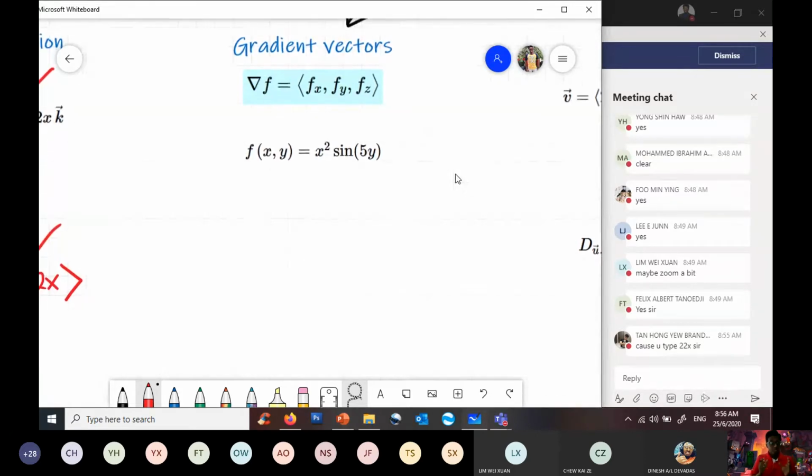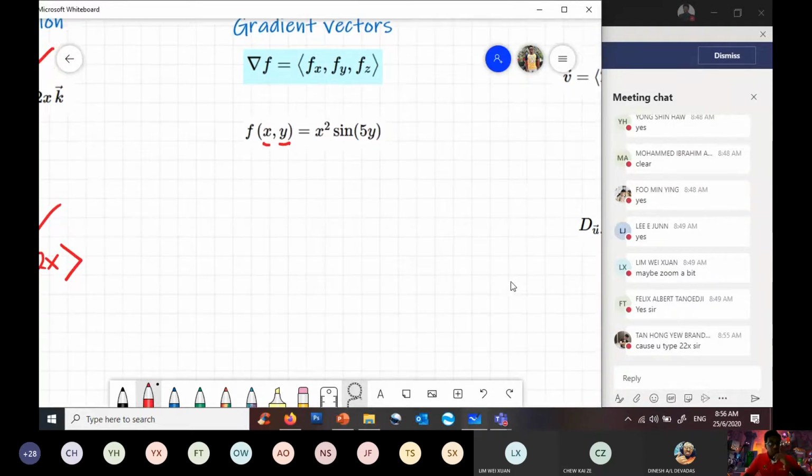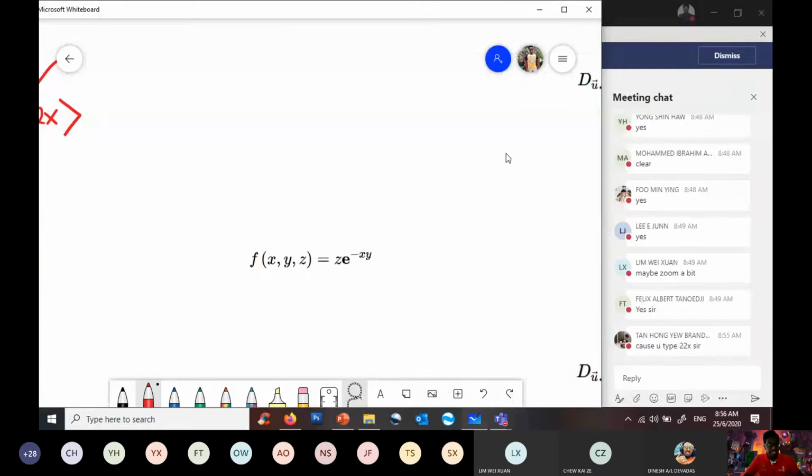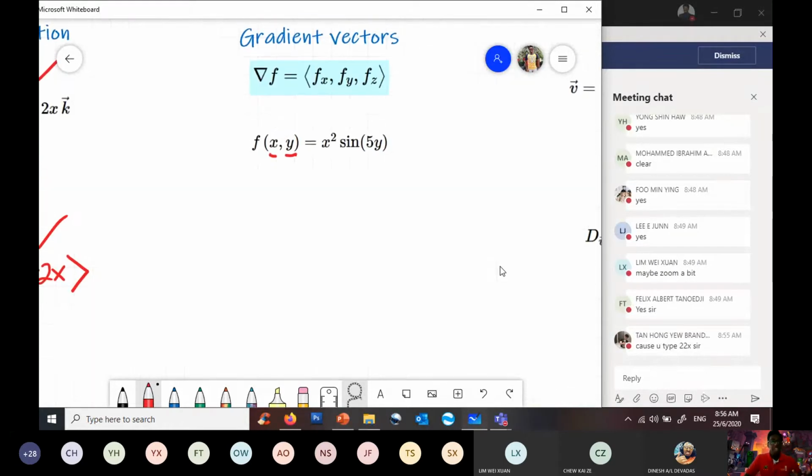Whenever you have a function of multiple variables, meaning that in the same function you have more than one variable, x and y, and sometimes you might even have x, y, and z, you can find partial derivatives, meaning you can find the derivative with respect to x, and the derivative with respect to y, because there are two directions.